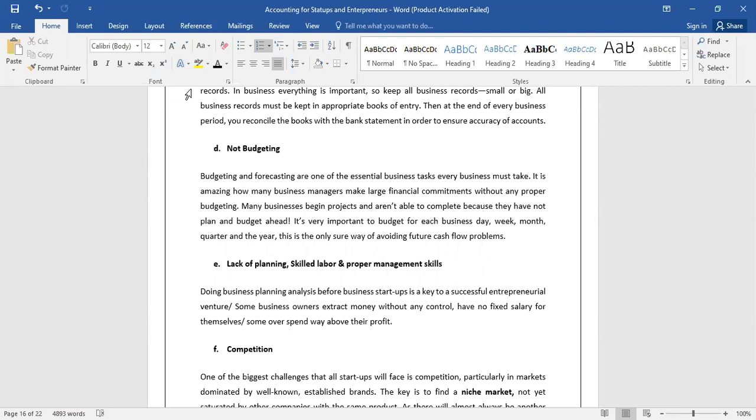They have no fixed salary for themselves. They overspend way above their profits. So it comes back to what we have been talking about. Have you been planning before you started a startup? Did you have any plans? Sometimes you might think, oh, what is planning? I have the money, let me just start a business. But it can affect your money.